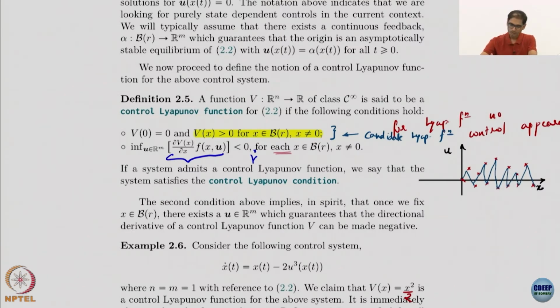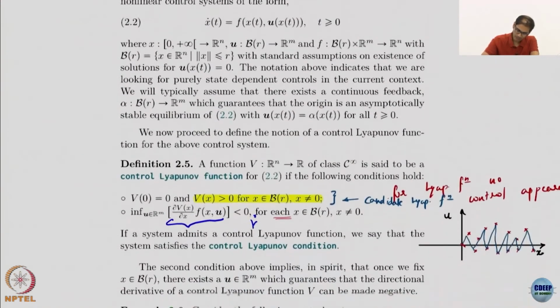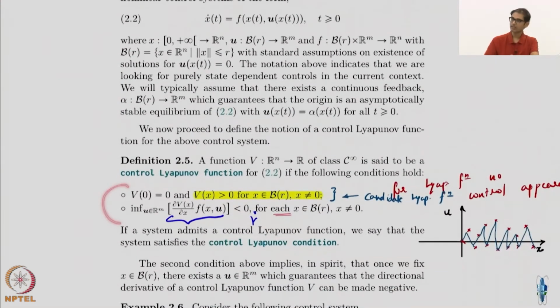So we assume the function V, which is a function of the state mapping to a real number of class C infinity, so we are already assuming it's a smooth function, is said to be a control Lyapunov function for this system if these assumptions are satisfied.